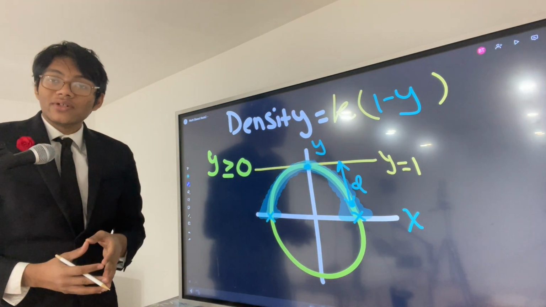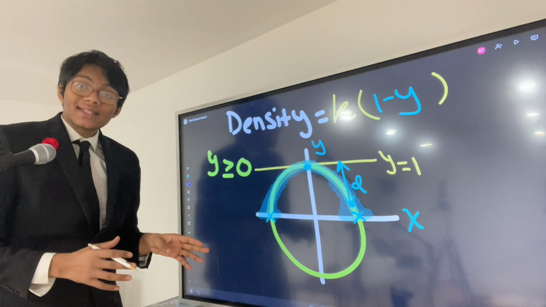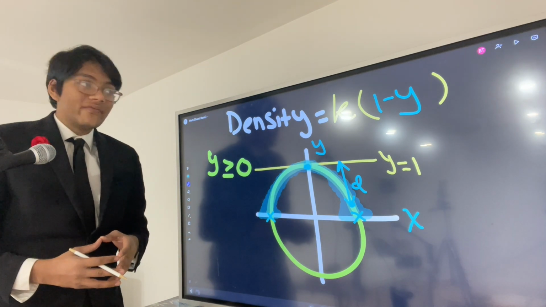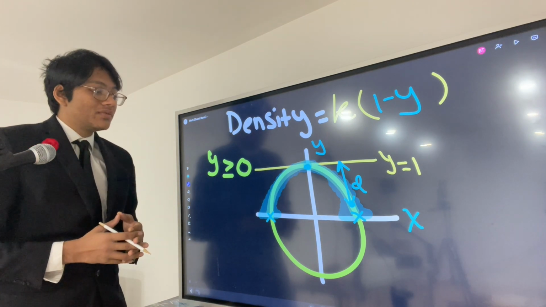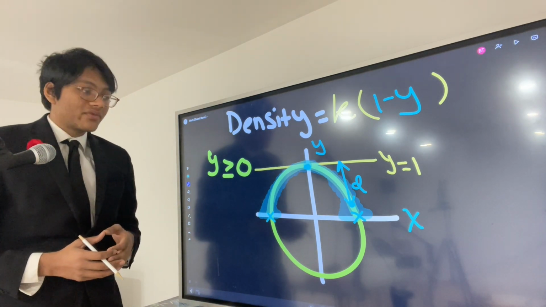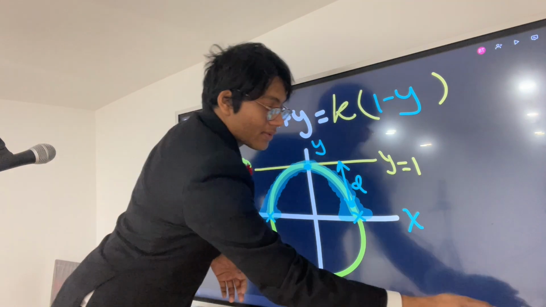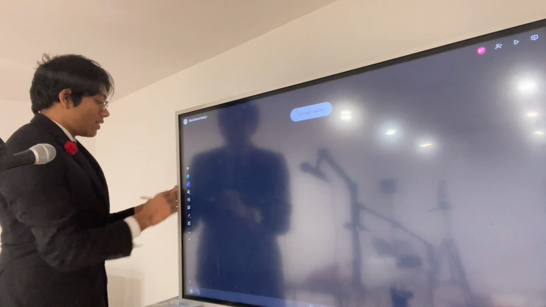So how are we going to find not only the mass but the center of mass of this circular wire? Well, first we have to recall the center of mass formula. And what is that? Let's head over to the next board.